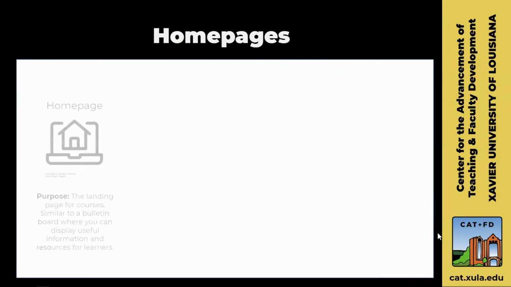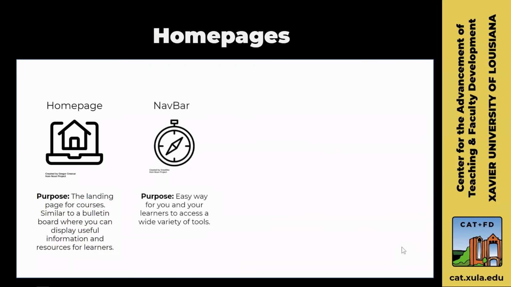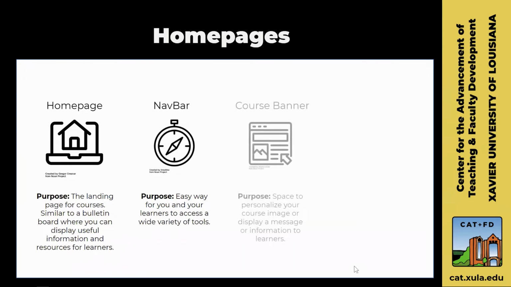So today, the focus of the workshop is going to be on the homepage. And this is the landing page for your course, where you can display useful information to the students and provide them with resources. The nav bar, as I mentioned, is the navigation bar. So it's an easy way for you to get access to various tools in Brightspace.